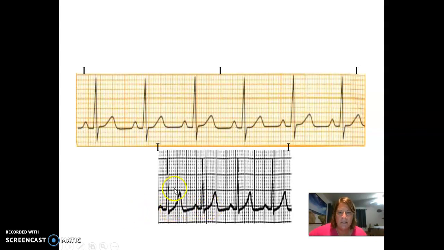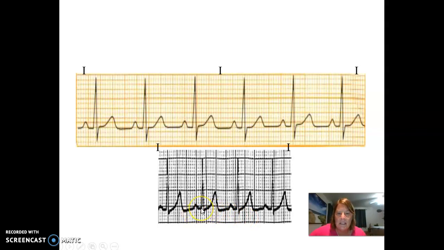So if I look at my PR interval here, if I look at this one right here, it looks like I have 1, 2, 3, oh gosh, it's really hard to tell here without calipers. This one here is almost on a dark line. It looks like I'm about 4.5 boxes, so 0.18. My QRS looks nice and narrow, about 1.5 boxes, so 0.06.